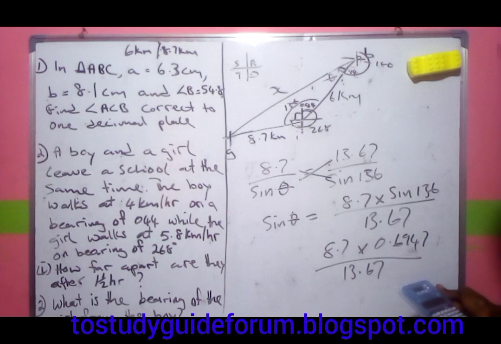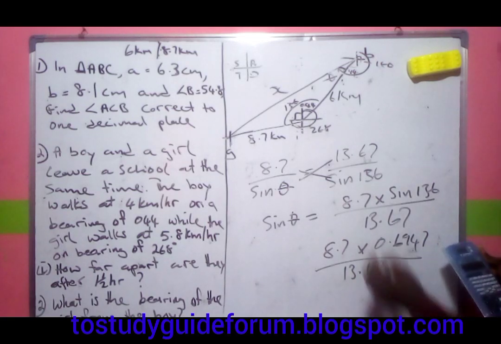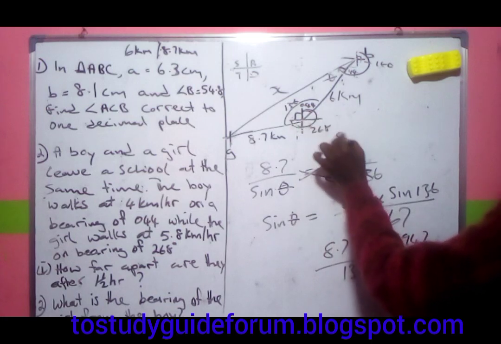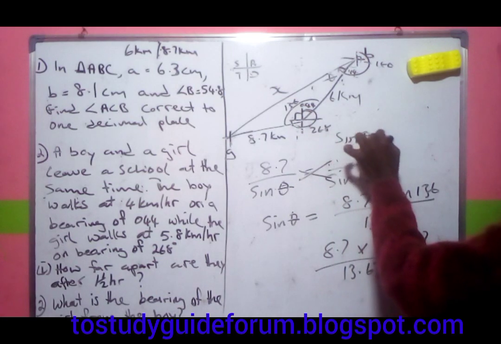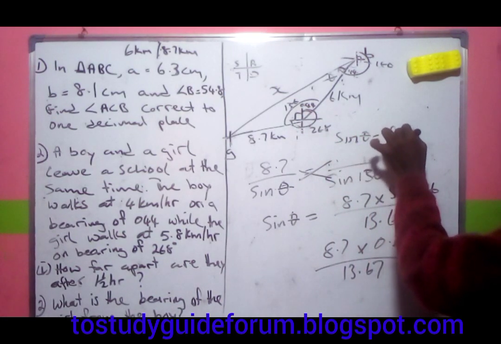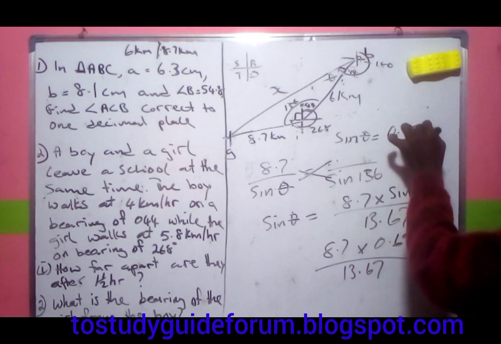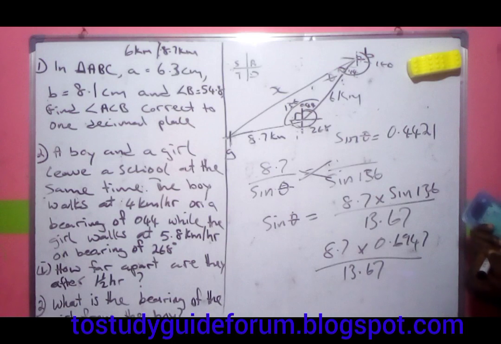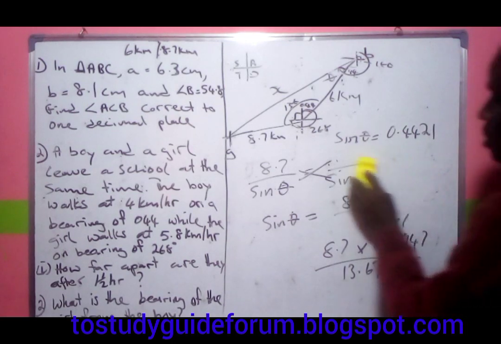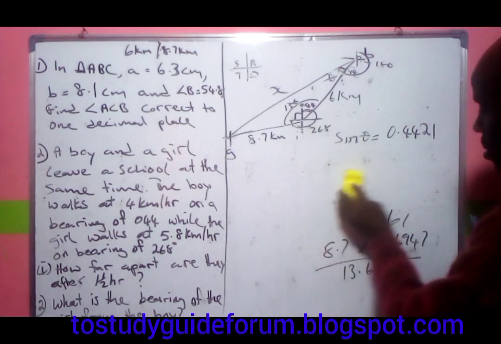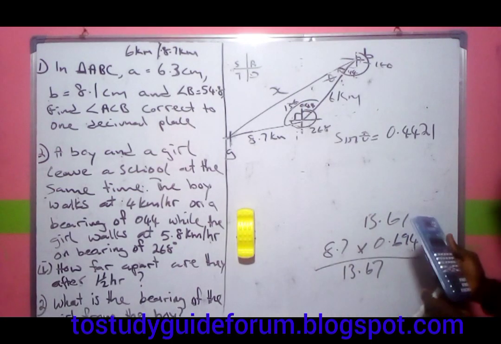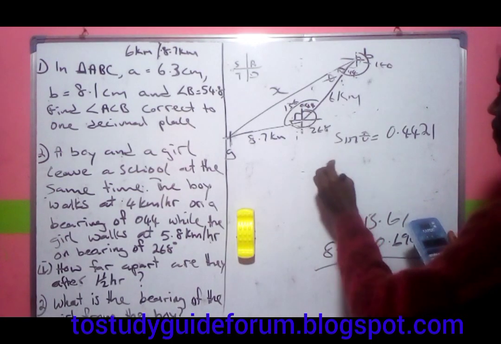Sine theta is equal to 0.4421. So we're going to look for the arc inverse of that.